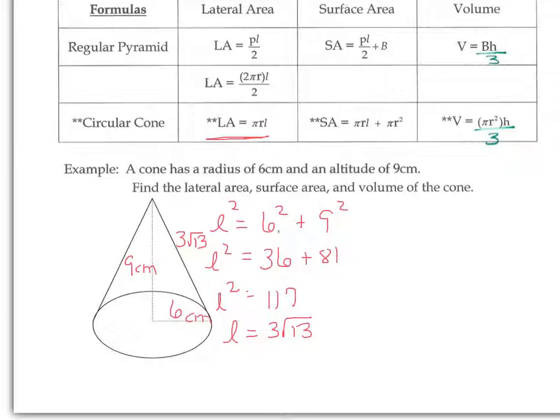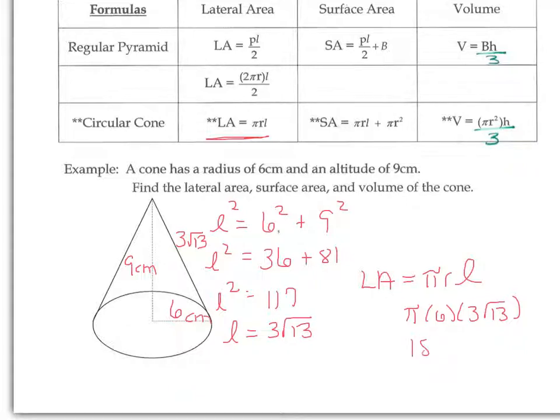If we're going to find the lateral area, we've got the formula that says it is pi r L. What's the radius, Chloe? 6. So we're going to have pi times 6 times 3 square roots of 13. Remember, you can't multiply underneath the radical unless both things are under the radical.